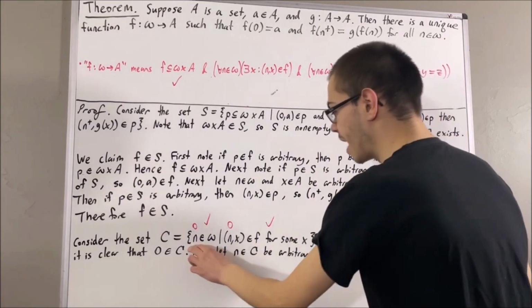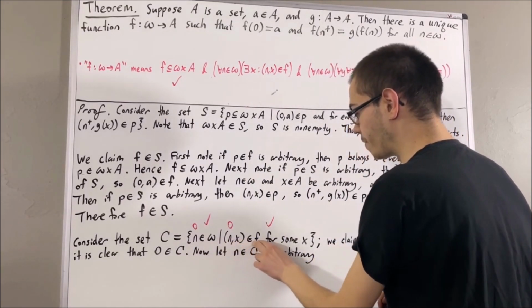Well, that means n is a natural number and n comma x is an element of F for some x.